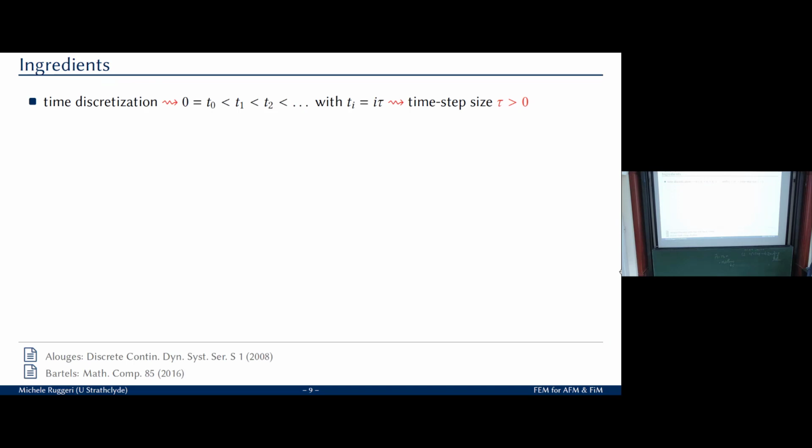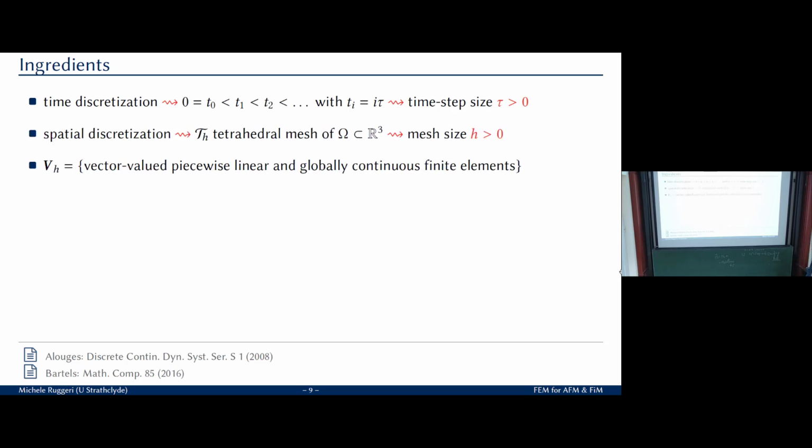I will present the common ingredients of all the schemes that we consider. For simplicity, for the time discretization, I will just consider a uniform partition of my time horizon, and I will denote by tau the time step size here, constant for simplicity. For the spatial discretization, I want to use finite elements, so I will consider in 3D a conforming tetrahedral mesh of my domain, and I will denote by h the mesh size, so the maximum diameter of the elements of your mesh.